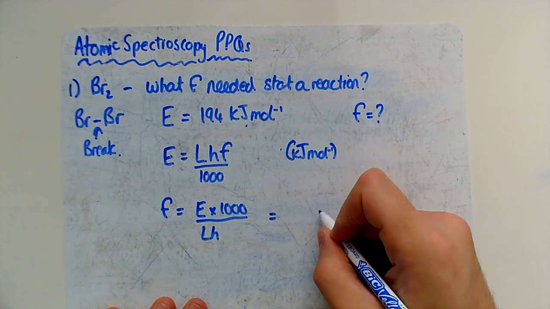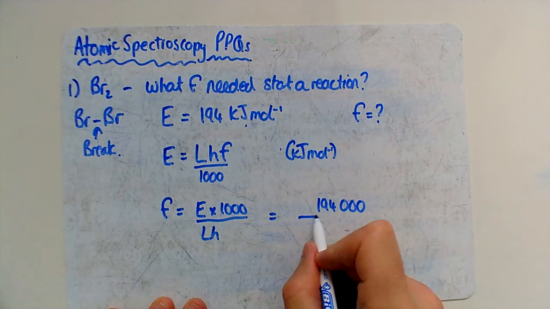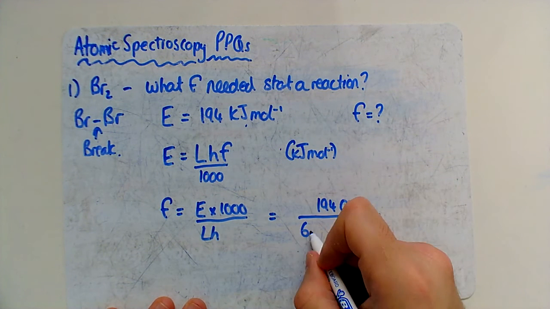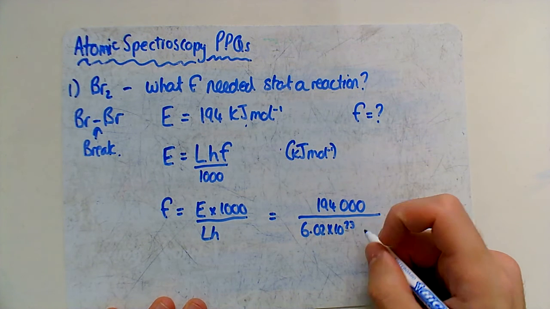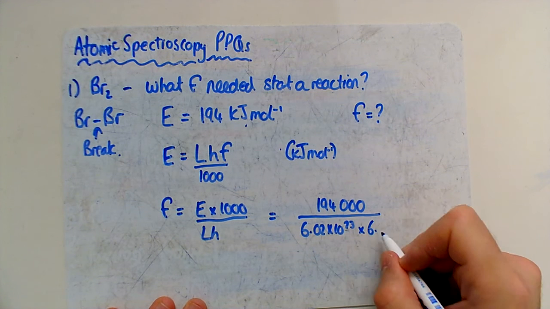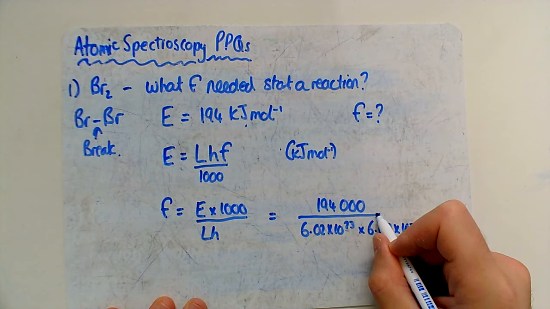So that becomes 194 multiplied by 1,000 divided by 6.02 times 10 to the 23 multiplied by 6.63 times 10 to the minus 34.